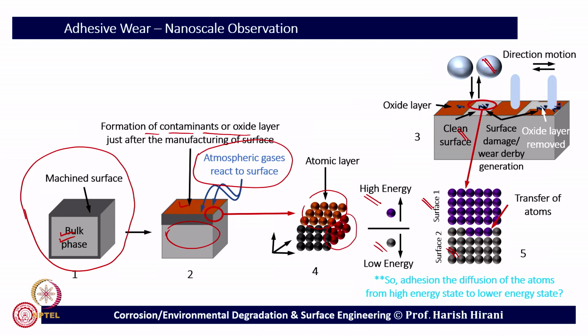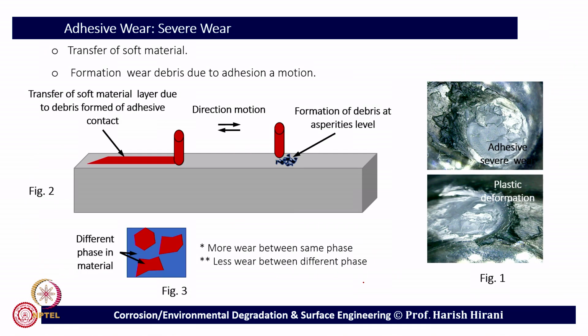In this situation what we have shown is a transfer layer, a transfer of atoms. So, this indicates that whenever two metals come in contact, whichever is more reactive can transfer electrons from that surface to the next surface or next metal. And this is important to understand, in order to make a product which can minimize the wear rate.